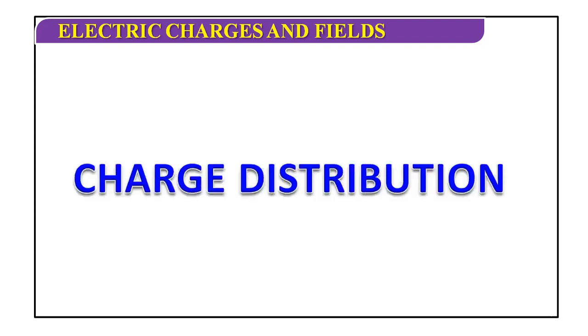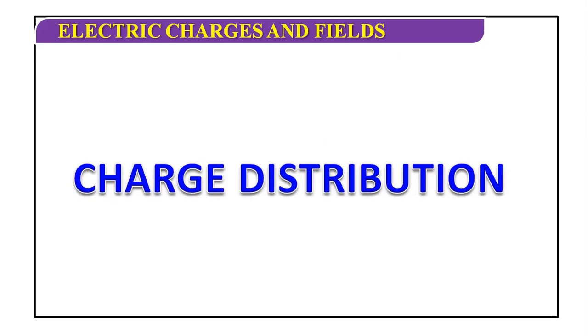Next topic is charge distribution. अब हमने ये तो डिस्कस कर लिया कि चार्जेस रेस्ट में हैं, देयर इज ए फोर्स बिटवीन देम, उस फोर्स की मैग्नीट्यूड कूलम लॉ से हमने निकाल ली, उस फोर्स का वेक्टर फॉर्म हमने निकाल लिया कि बोथ द फोर्सेस आर इक्वल एंड अपोजिट, वेदर द चार्जेस आर लाइक चार्जेस और वेदर अनलाइक चार्जेस.